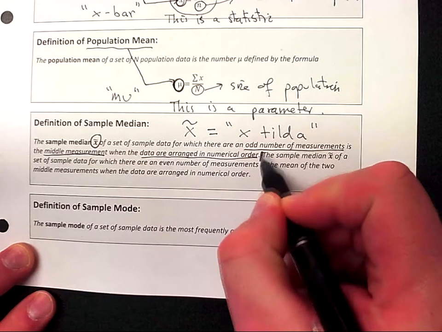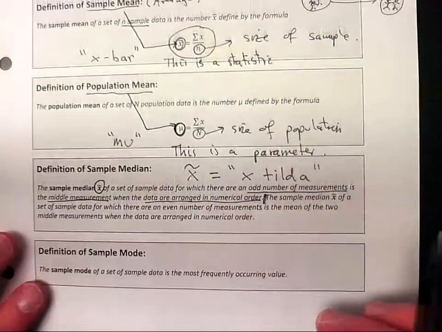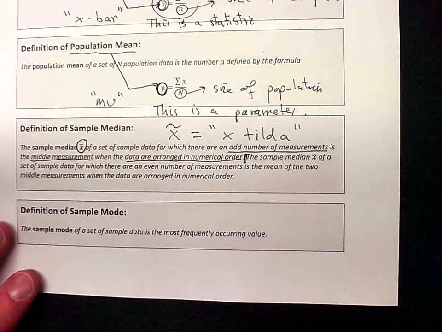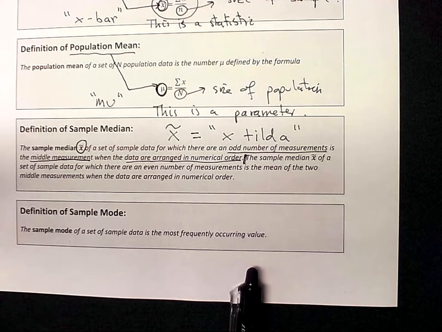So I'm going to stop right here, right? That's the first part of the definition. Whenever there are an odd number of measurements, it's going to be the middle value whenever you arrange the numbers in numerical order.